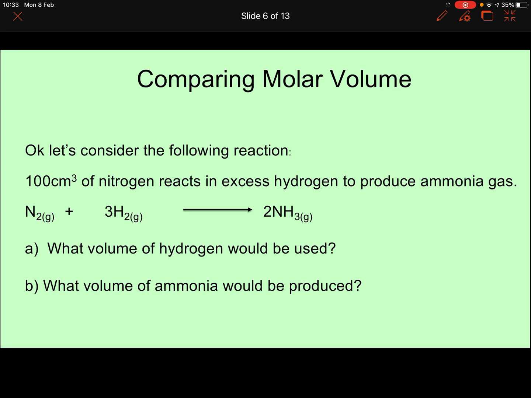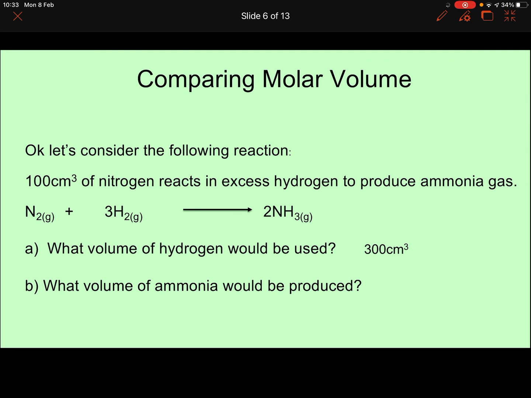So what volume of hydrogen would actually react with that 100 centimetre cubed of nitrogen? Well, it reacts on a 1-to-3 basis, doesn't it? Because the molar ratio here is 1-to-3-to-2. So for hydrogen, it's 3 times the volume of the nitrogen, so that's going to give us 300.